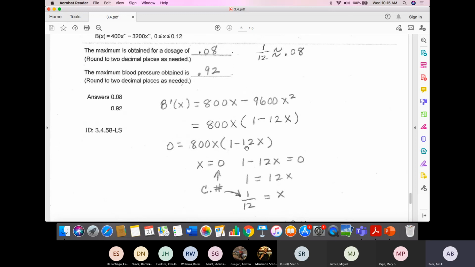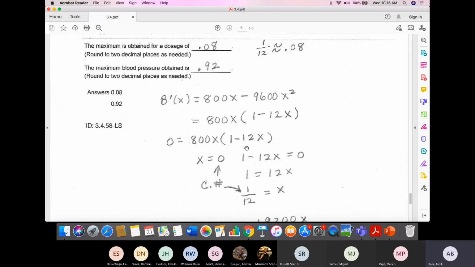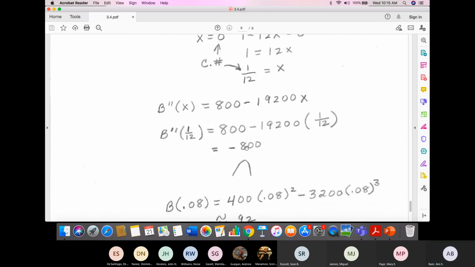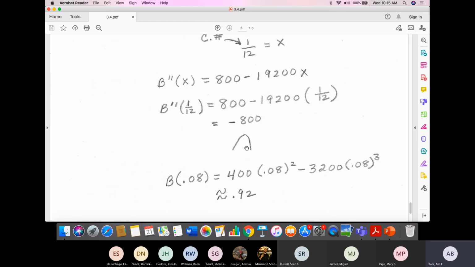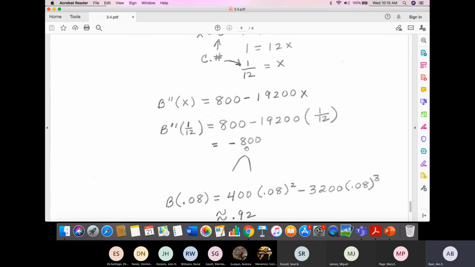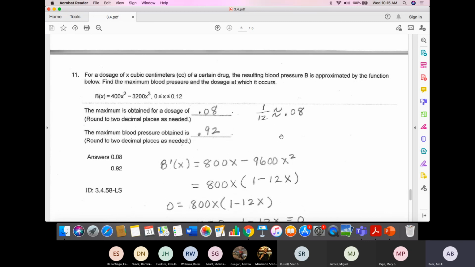We want the maximum is obtained for a dosage of. Now, dosage is an x-coordinate. So our dosage is 1/12. What is 1/12? When I did that on my calculator, it's approximately equal to 0.08. Round to 2 decimal places.